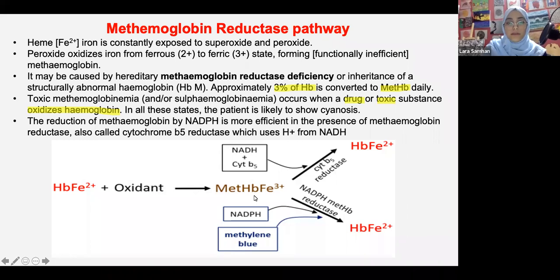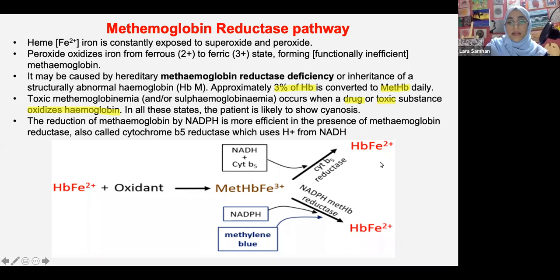Because it ineffectively transports oxygen from one place of the body to another. So our clever body tries to compensate, and we don't really want this methemoglobin. So alhamdulillah, we get the methemoglobin reductase pathway, which is a good pathway that converts this bad methemoglobin back to the normal original hemoglobin that we actually want.